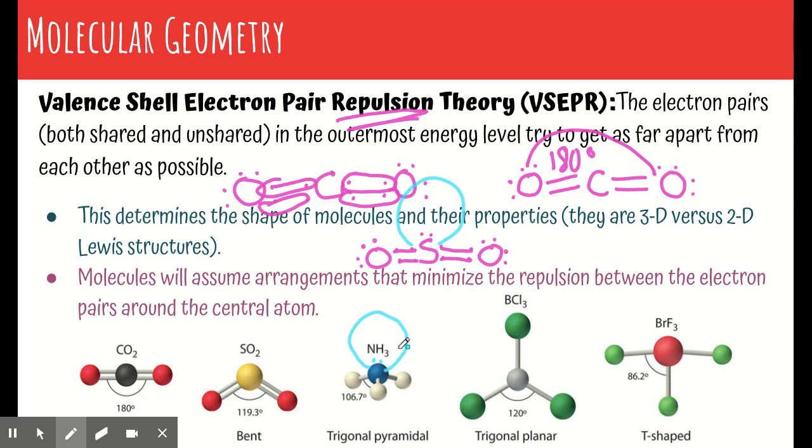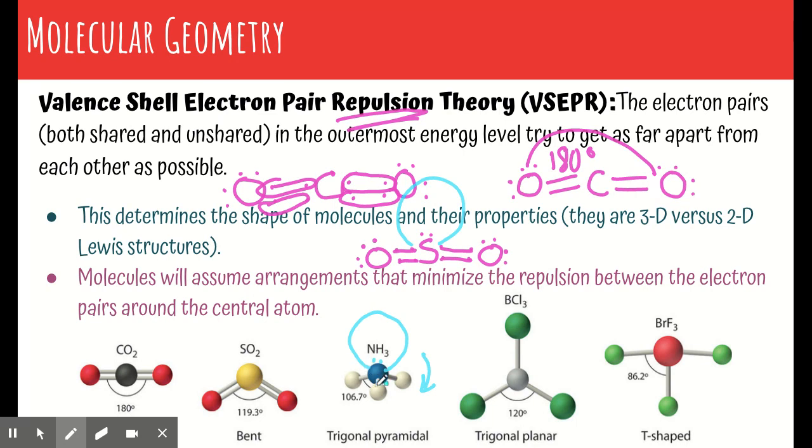So you have this area of repulsion at the top, which is pushing these down and away from it. Okay, so they're as far away from each other as they can be going around the central atom, because there's 3 of them. It kind of makes a triangle, but then they're also pushed downward because of this electron area up here. So same thing with this, like trigonal planar.